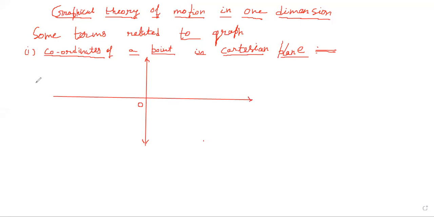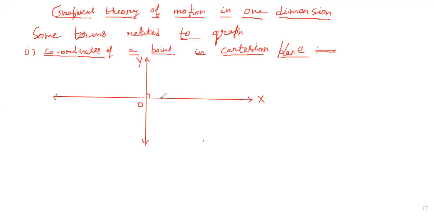We know that this horizontal axis is called the x-axis. And the vertical axis perpendicular to the x-axis is called the y-axis.